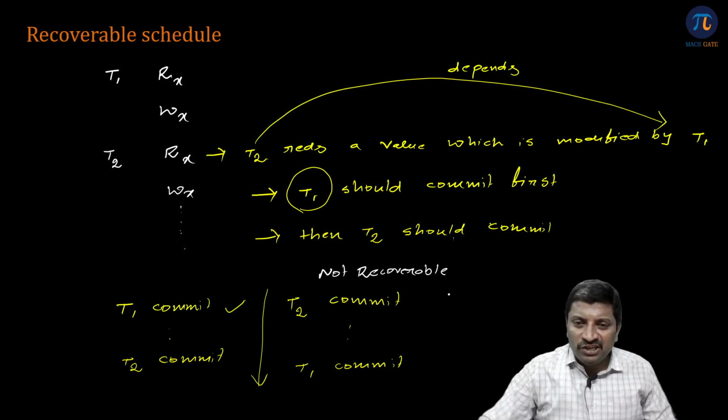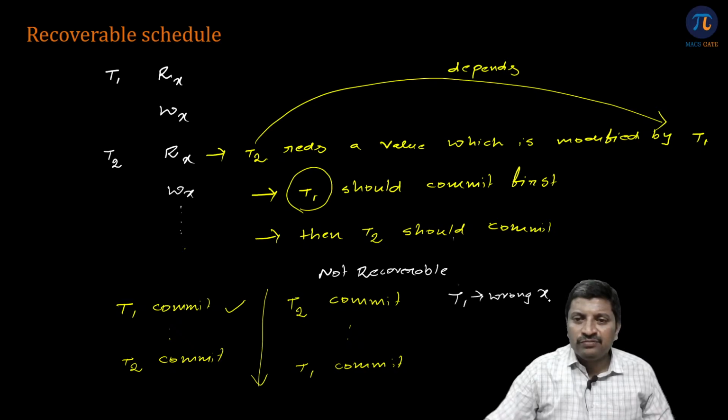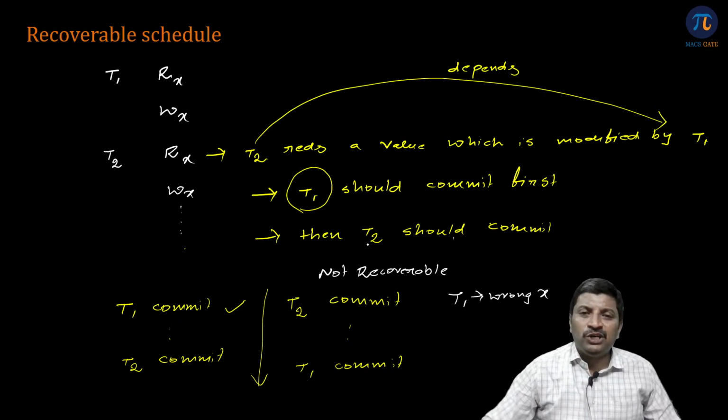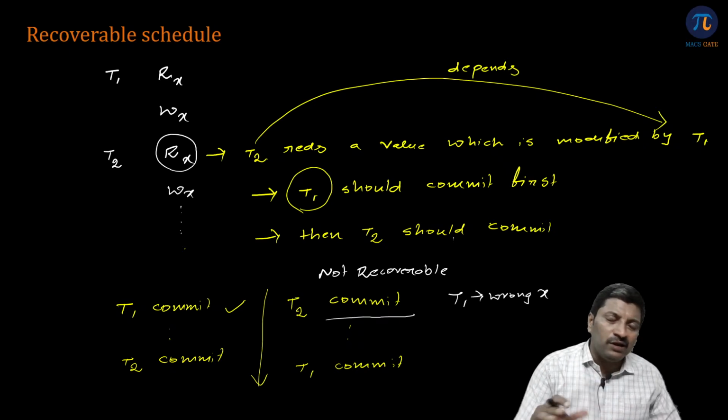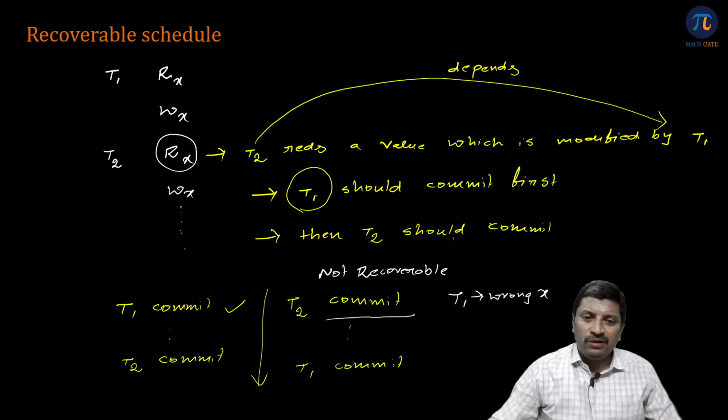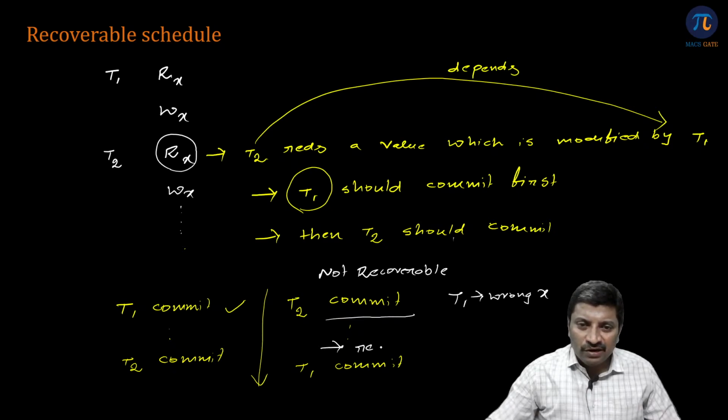Suppose T1 did something wrong with X, and T2 got that value, read it, did its work and committed. So T2 cannot be rolled back, undone or redone. T2 was done. Then T1 realized that it is wrong.